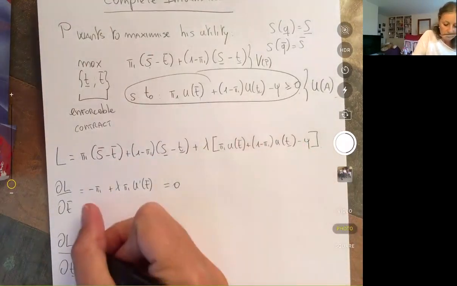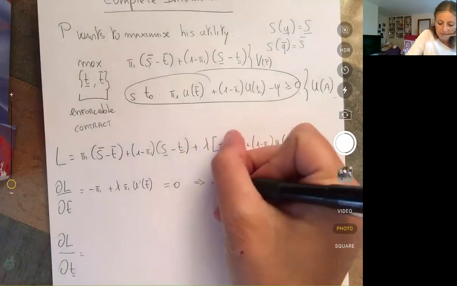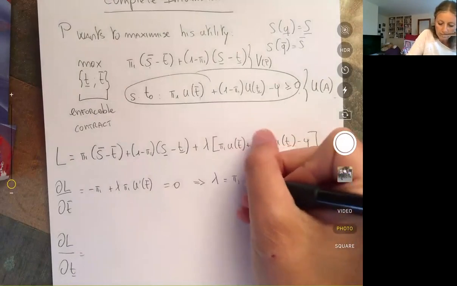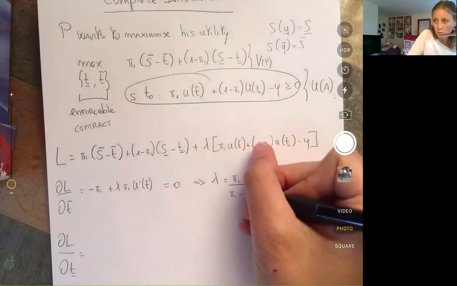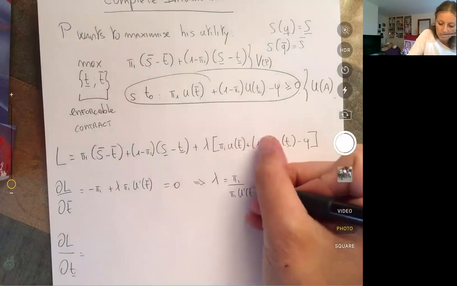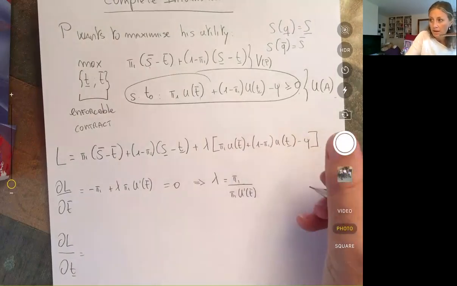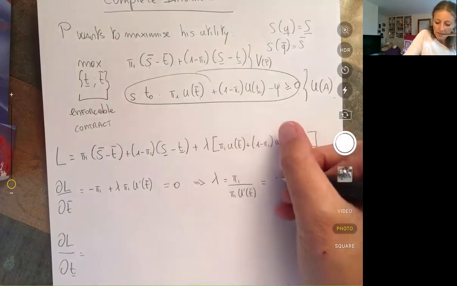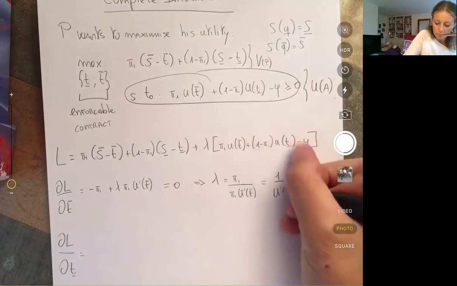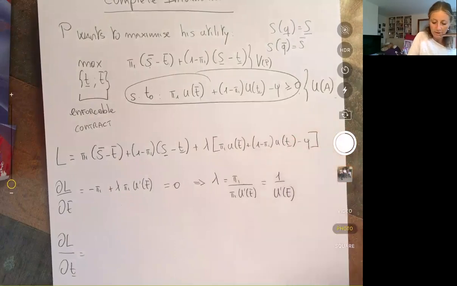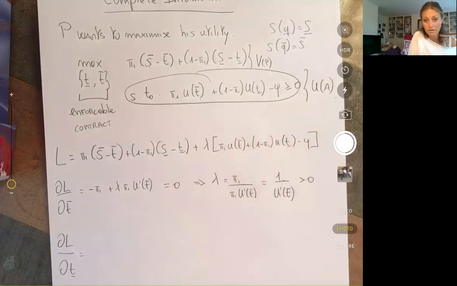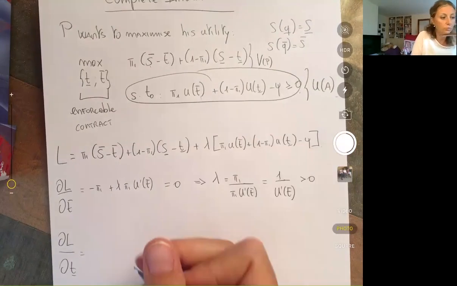And then we will get lambda pi 1 divided by pi 1 u prime T upper bar. And then, so we will get lambda equal to u prime T upper bar, which should be strictly greater than 0.